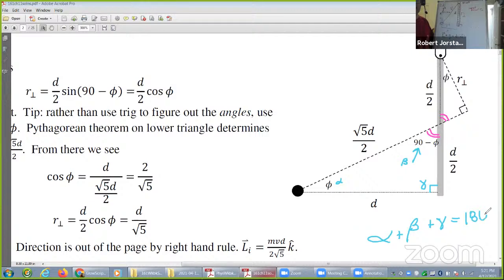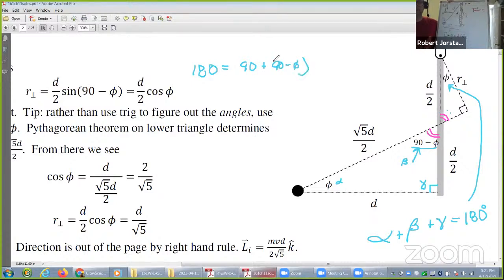So we're using that geometry rule, essentially, right? That's how we get the 90 minus phi to get the ball rolling. Once this is 90 minus phi, you could use this rule again to say the upper angle has to be phi, because 180 degrees has to equal 90 degrees plus 90 minus phi plus this mystery angle.